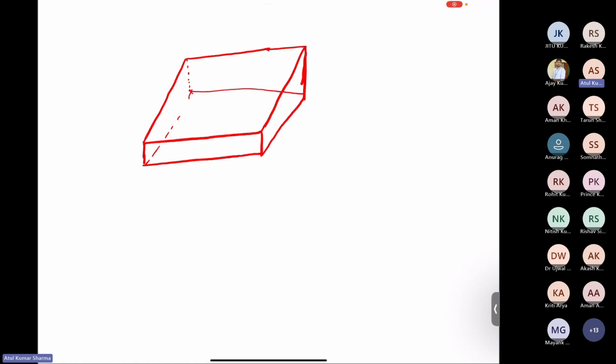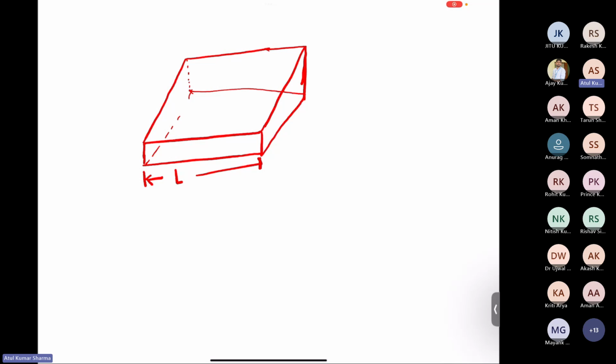This is a dielectric elastomer, or you can say a membrane, and it is pasted with a compliant electrode on both the top surface and the bottom surface, which will help you to apply the potential difference. Now let's consider that the dimensions of this geometry are like this.